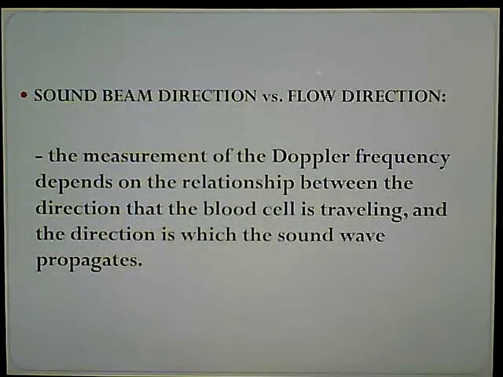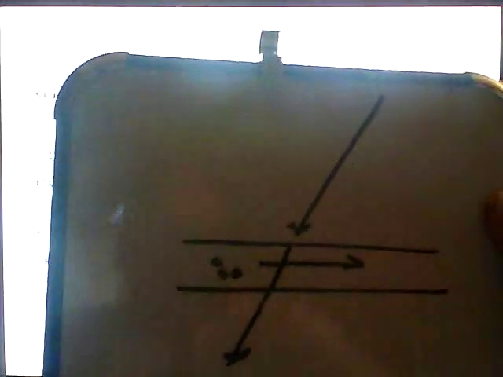Sound beam direction and flow direction. Now this is that interaction. In other words, if the blood cells are moving in this direction, how is my sound beam interacting with that?